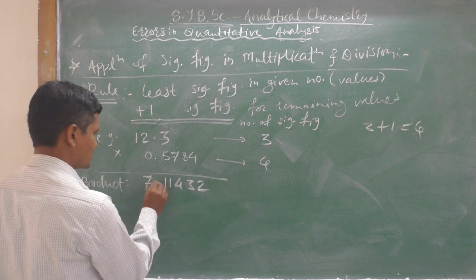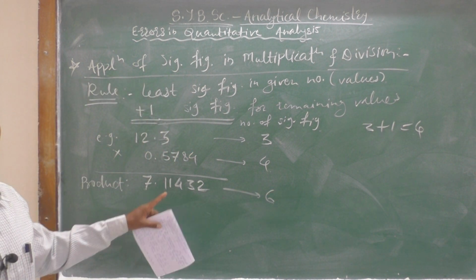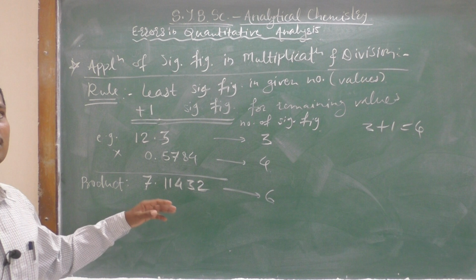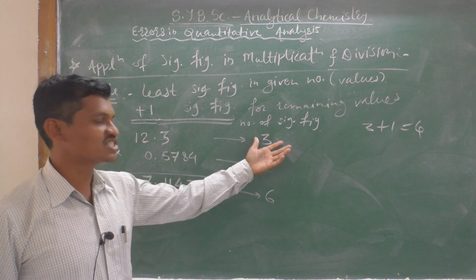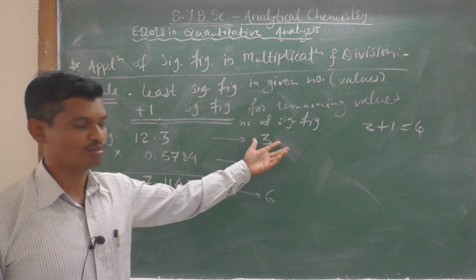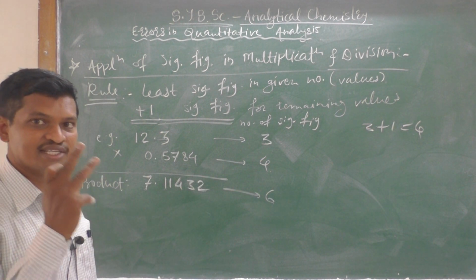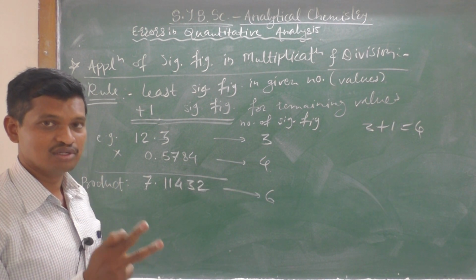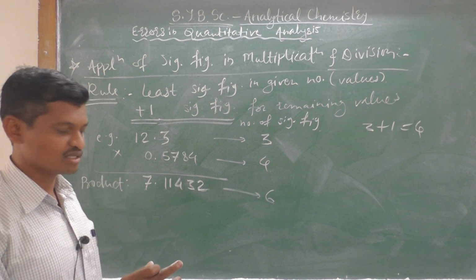Significant figures are 6 in the product, but this number is higher than the least number of significant figures in your numerical problem, which is 3. So only 3 significant figures are allowed in your answer, in your product.